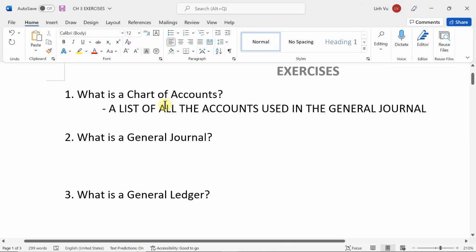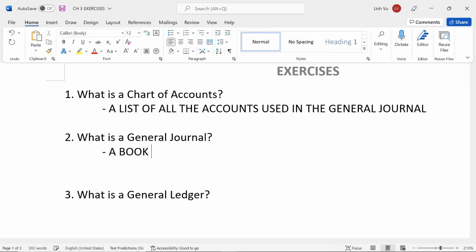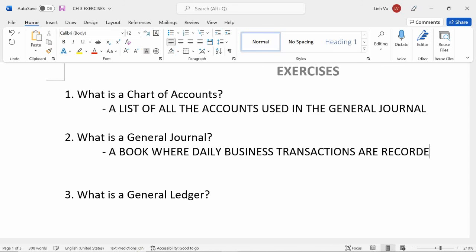Number 2, what is a general journal? A book where daily business transactions are recorded. Good.